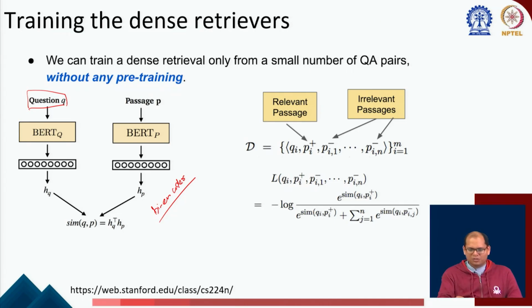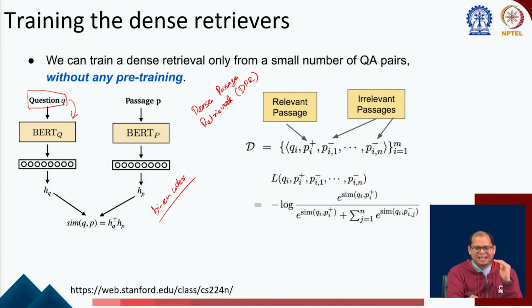This is also known as DPR, dense passage retrieval. You are passing the query and the passage separately to two encoders, the query encoder and the passage encoder. You get the hidden states, maybe from CLS, and then you find the similarity of the hidden states.